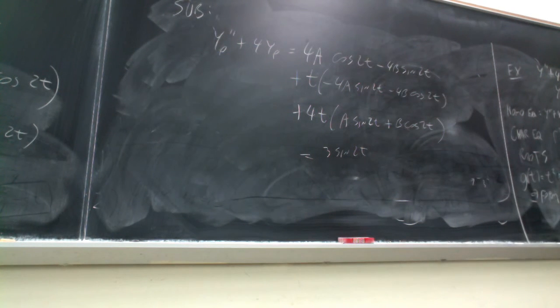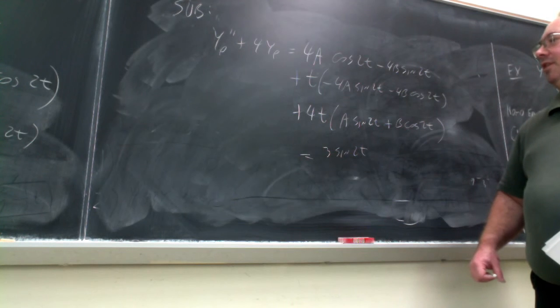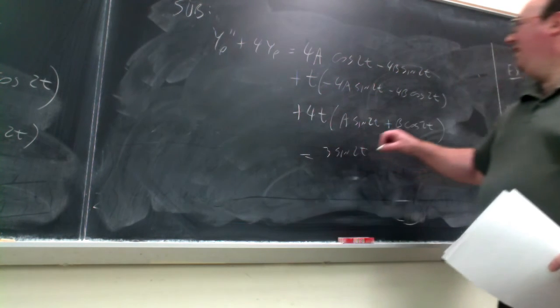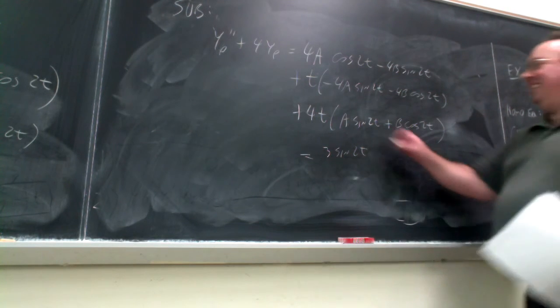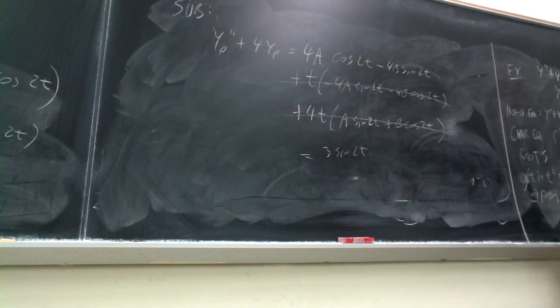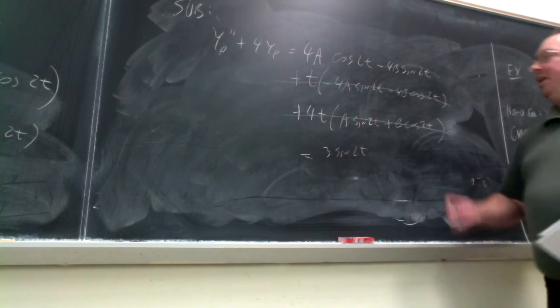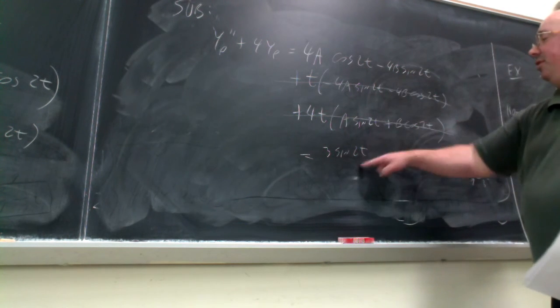The first and the third lines cancel each other. Oh, shoot. Okay, second and third. Sorry. Everything involving a t magically canceled out. So now we have to match these terms together.